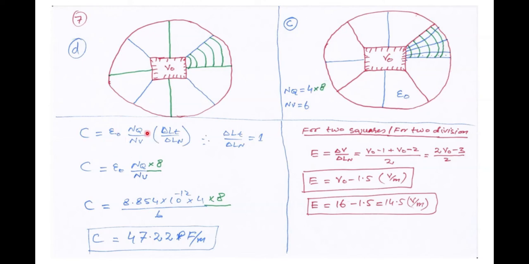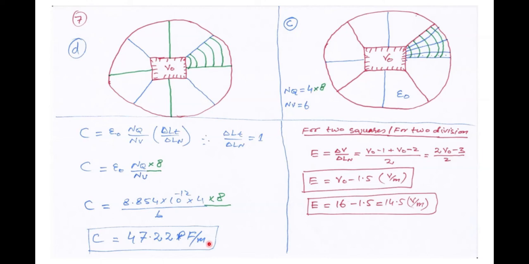Using this relation and plugging in the values of NQ, which is 4 times 8, and simplifying these numerical values, finally we come across this result, that is 47.22 picofarad per meter.